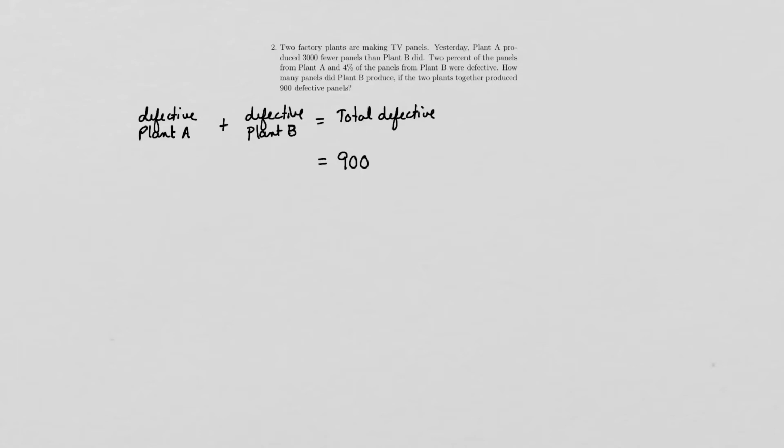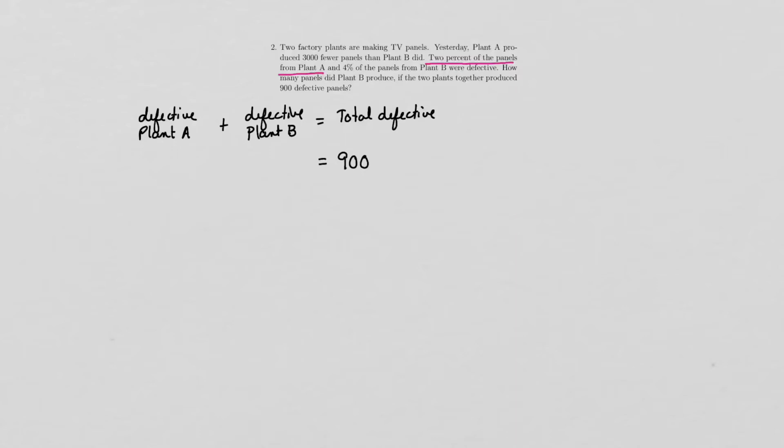They also told us a little bit more information. They said that 2% of the panels from plant A end up being defective. So it's kind of like the concentration problem. We need to take the percentage times the number of plants.